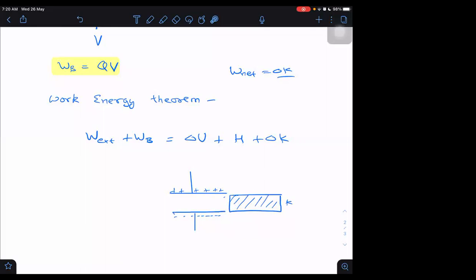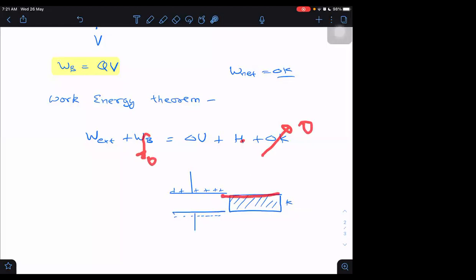So work done by the external agent. Is there any external agent here? If somebody is applying force outside, then that person can be acting as the external agent. The battery is not there. If the person is applying force in such a way that he is just letting it move slowly, then what will become 0? Delta K will become 0. The battery is already not there, so this will become 0.